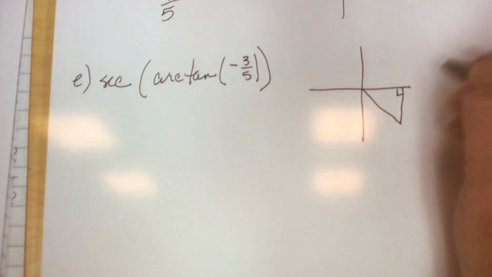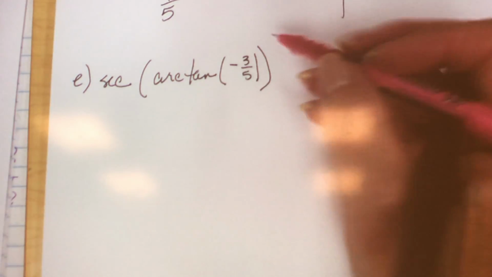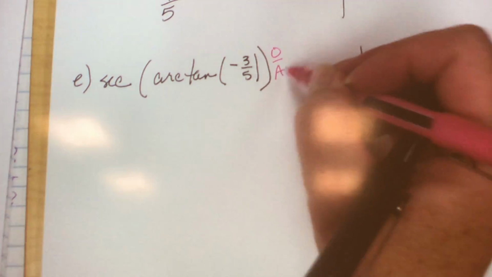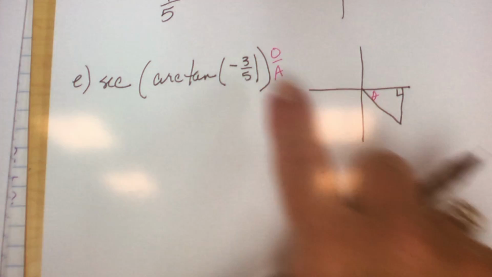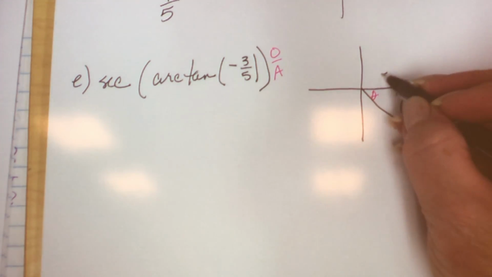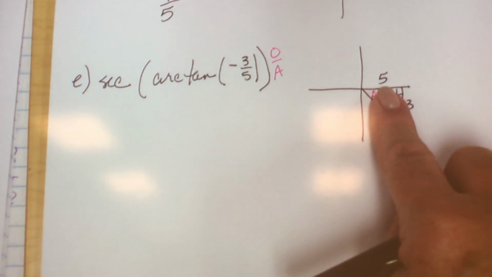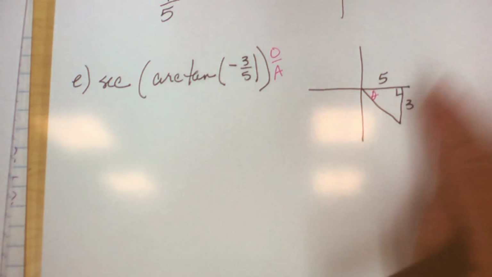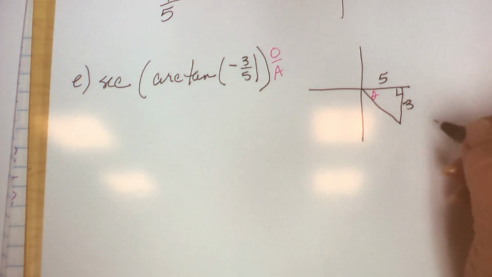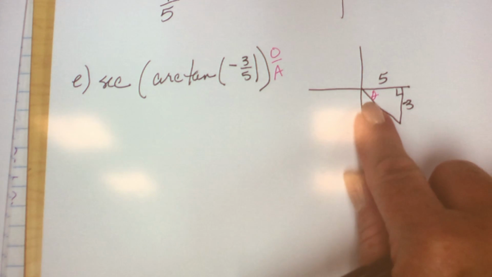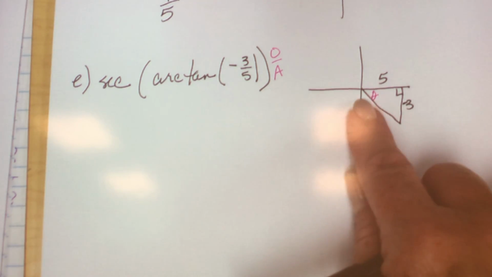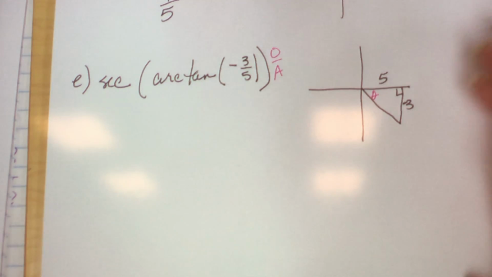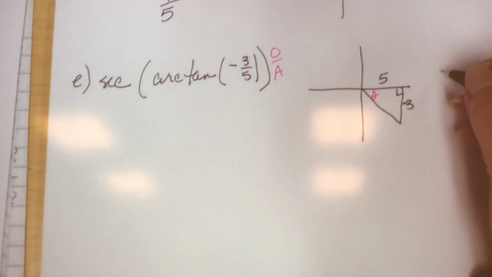Yes, we do. Okay, so tangent is opposite over adjacent. Here's my theta. Opposite is 3 and adjacent is 5. Since the x's are not negative, this guy has to be negative. Your theta is always here, close to the origin.